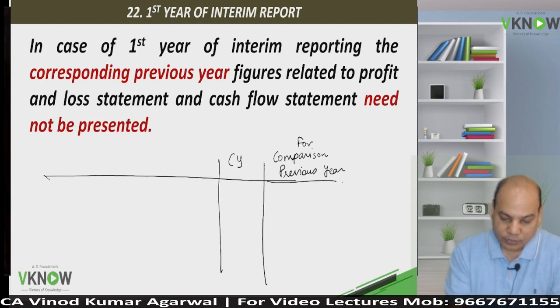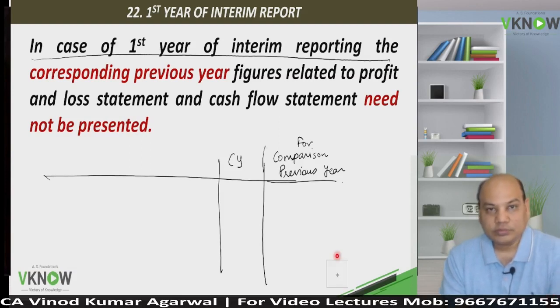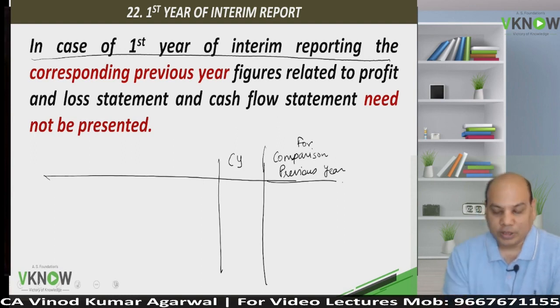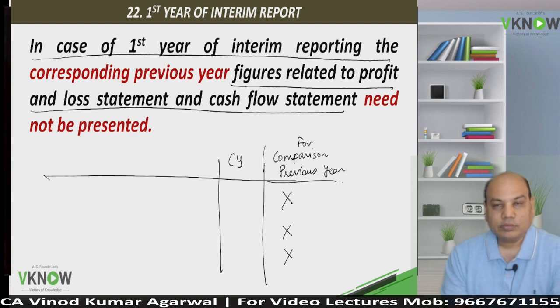But in case of the first year of interim financial reporting, you are preparing an interim report for the first time. Last year you had not prepared an interim report. Then figures relating to the P&L account and cash flow statement are not required.